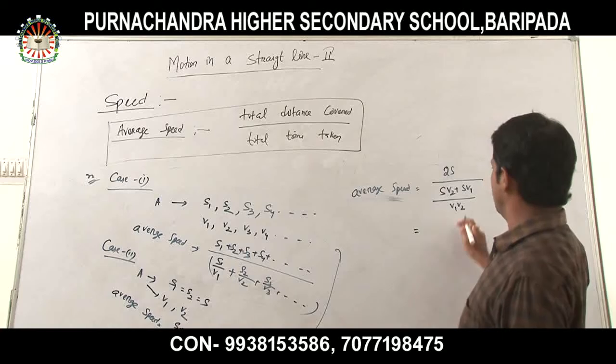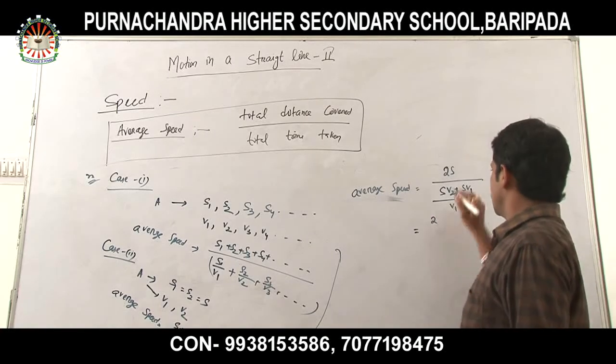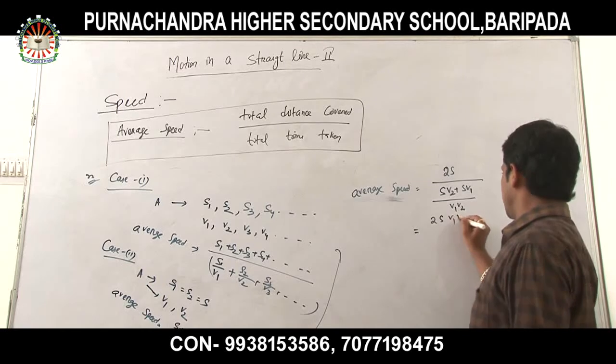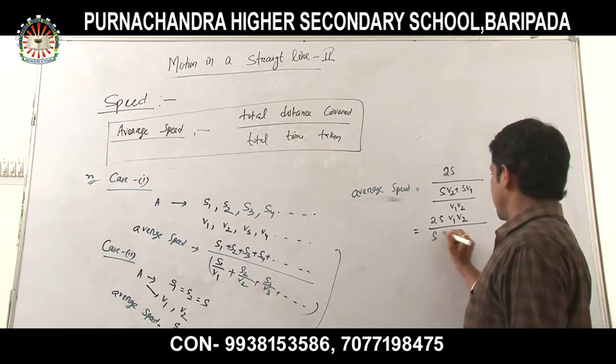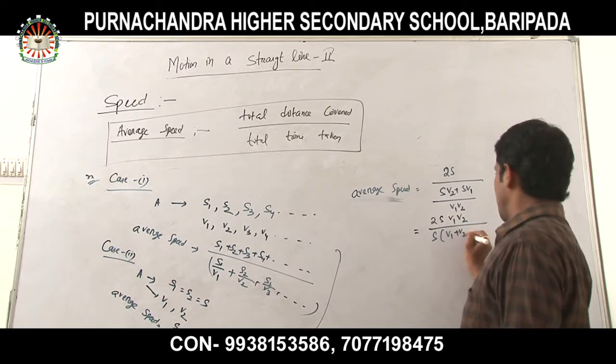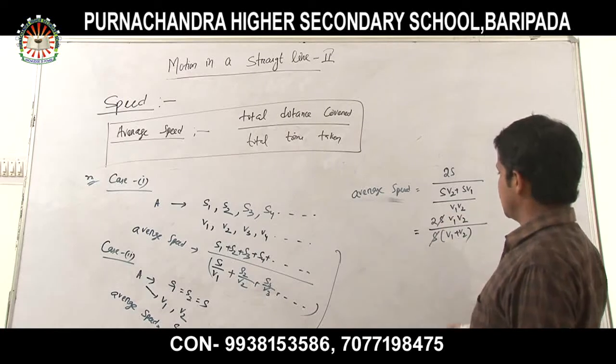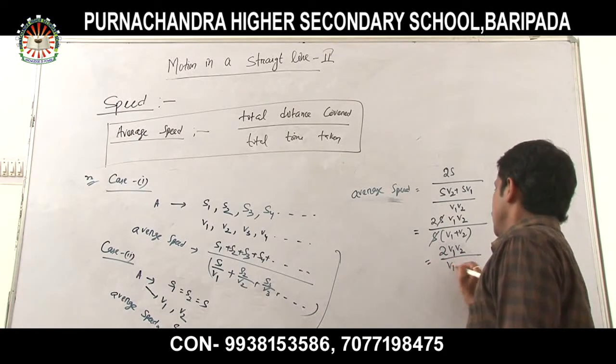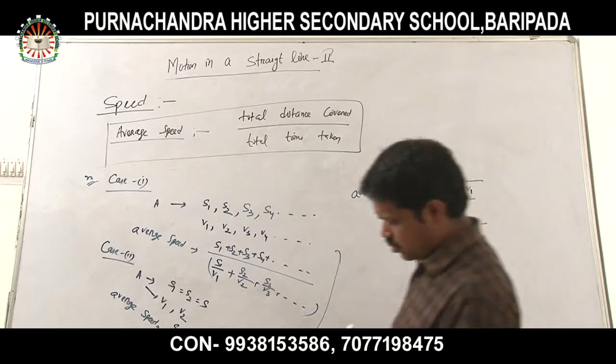Taking this common, we get 2S V1 V2 divided by S times V1 plus V2. So S cancels out, and we get 2 V1 V2 divided by V1 plus V2.